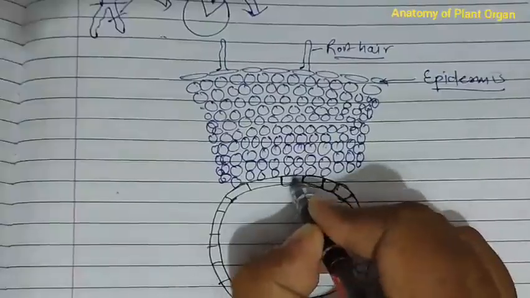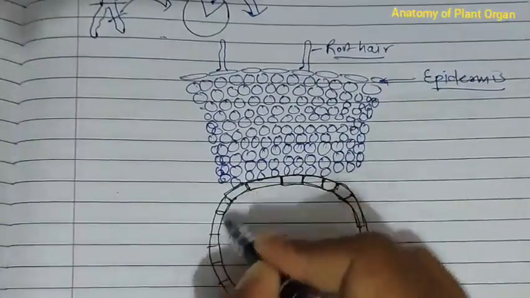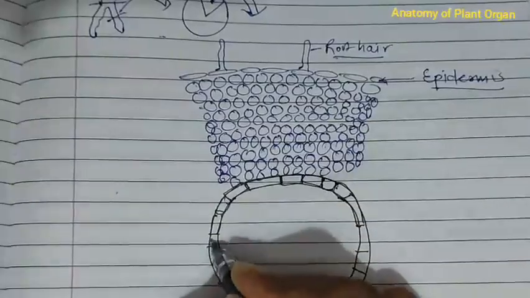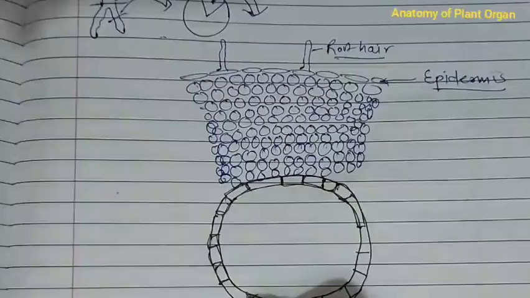This endodermis is present inner to the cortex, and these endodermal cells have a thickening of suberin which forms the Casparian strips.